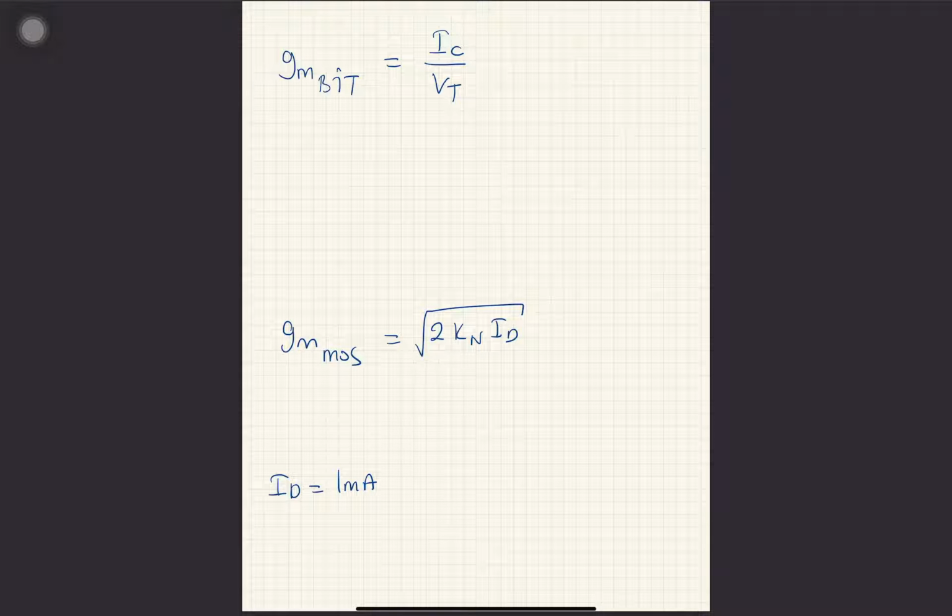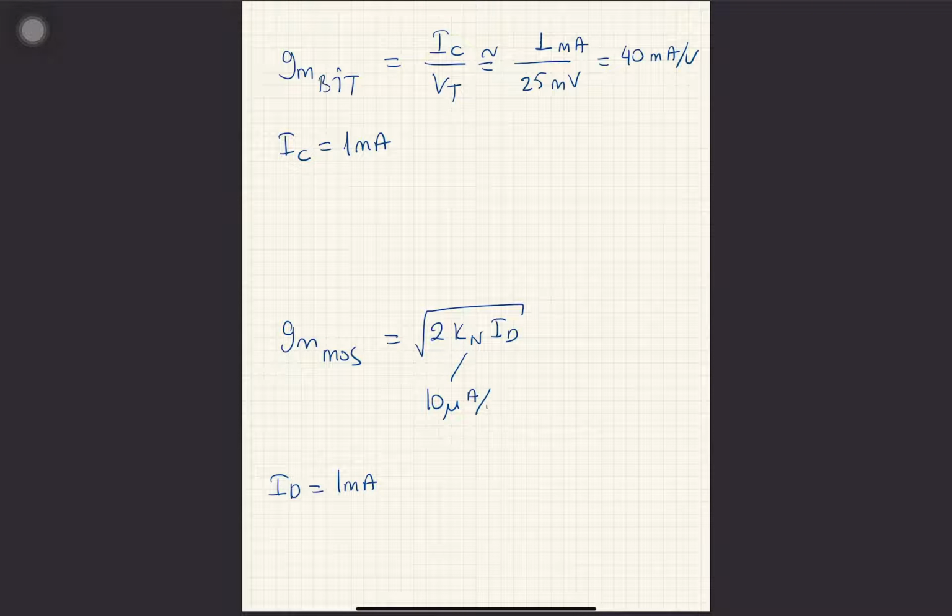IC is equal to 1 milliamp. We are using the same bias. So this thing will be 1 divided by approximately 25 millivolts, which is like 40 milliamp per volt GM. For the same biasing, for a typical Kn value, let's choose it as 10 microamps per volt square.